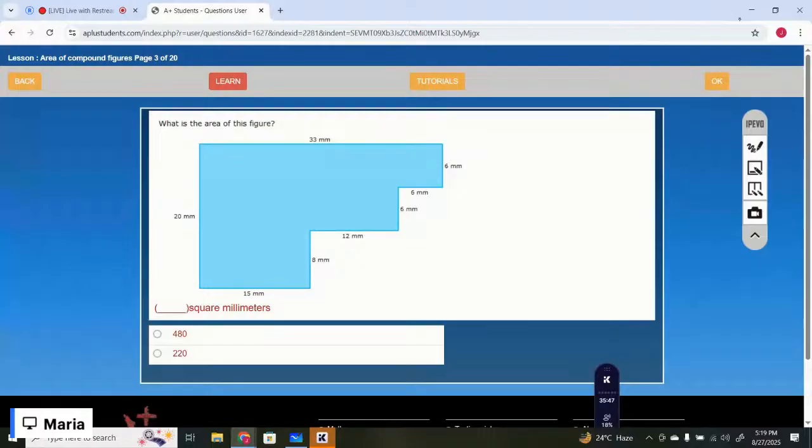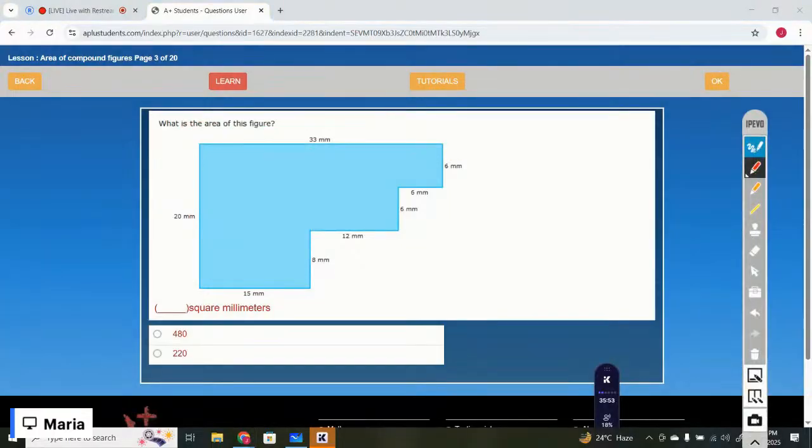What is the area of the figure? Again, just divide this figure into three smaller figures, calculate the areas, and add them. You can do them like this also: 1, 2 and 3. So for this one we have 20 times 15. 20 times 15 is 300. 12 times 12, that is 144, and 6 times 6, that is 36.